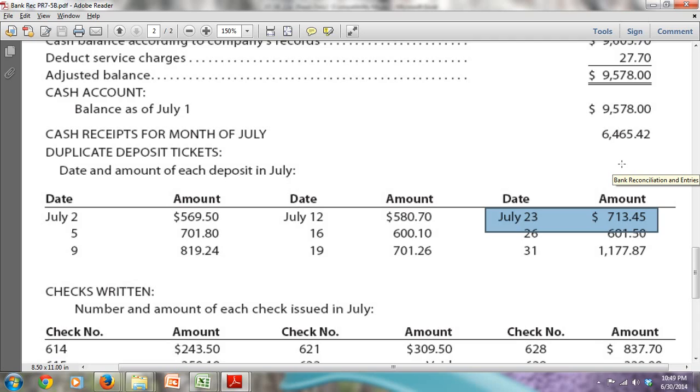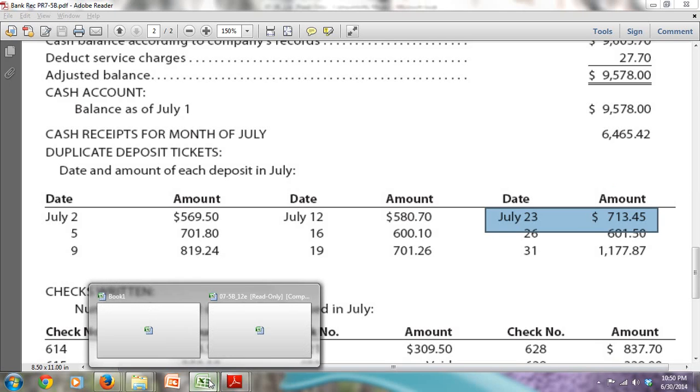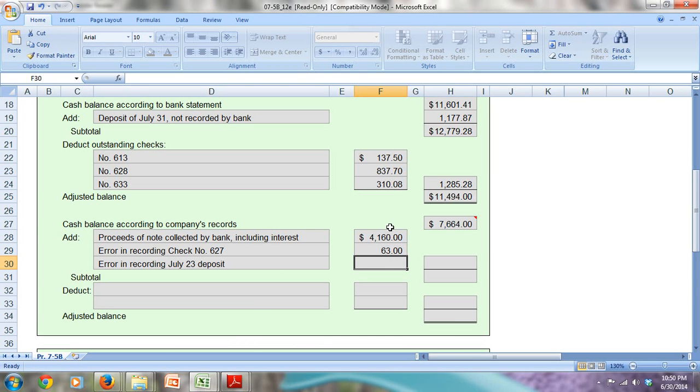The other one had too much recorded as going out, so we added the difference back. Here, since too little was deposited, we add back that difference. The correct amount was 731.45, so we subtract out the incorrect amount of 713.45, and it nets out to $18.